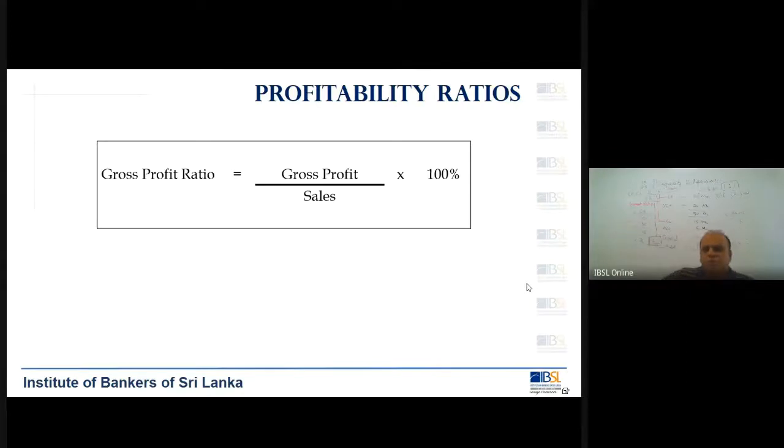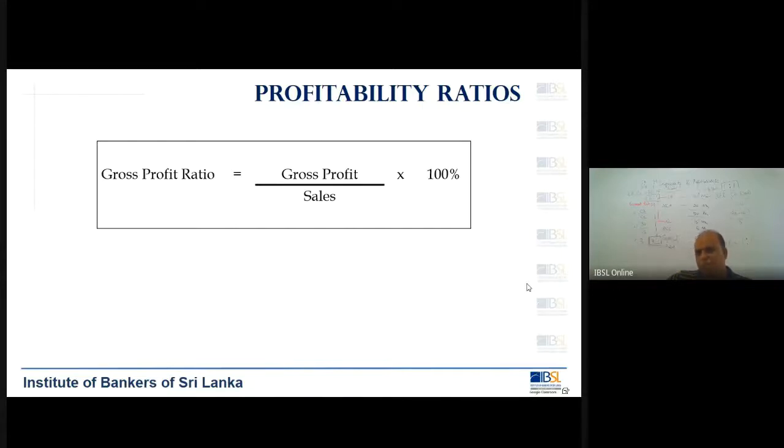Let's look at the gross profit ratio. How is the gross profit ratio calculated? You know how to calculate the gross profit now. You take the gross profit from the financial statement and divide that by the sales. When you calculated the gross profit, you would have considered a sales amount, and you take that sales amount and divide the gross profit by it.